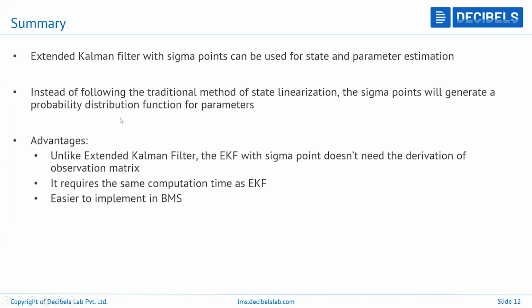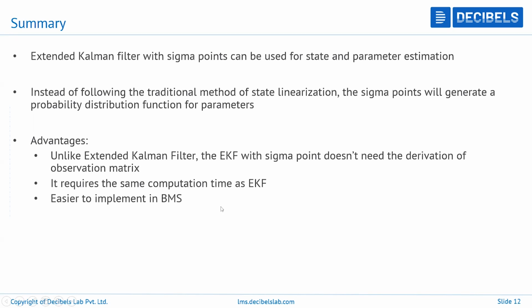Going in depth into this would require a lot more scope in terms of explaining how the statistics, or mean and standard deviation, come into the picture. But in quick summary, the advantages are that this particular EKF with sigma points will not require derivation of observation matrices, which means there is no linearization from a non-linear point of view.